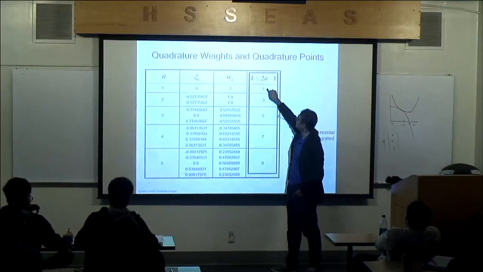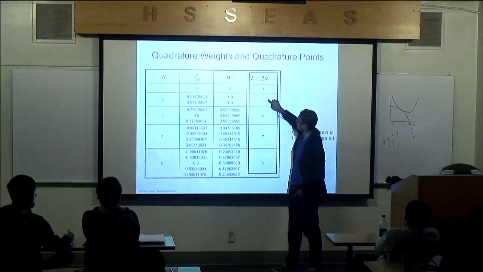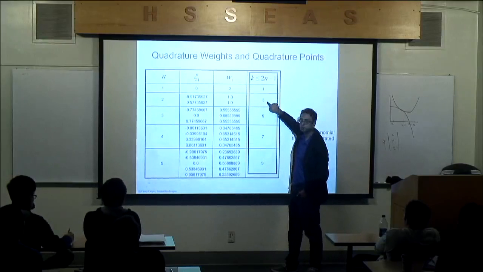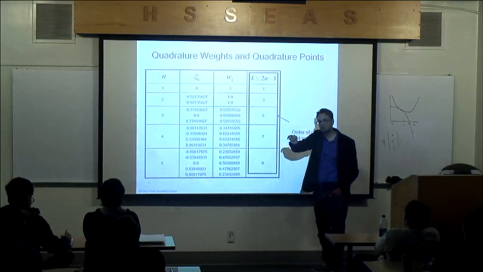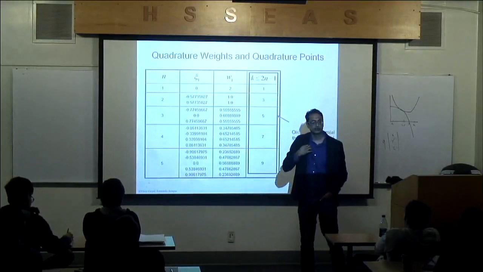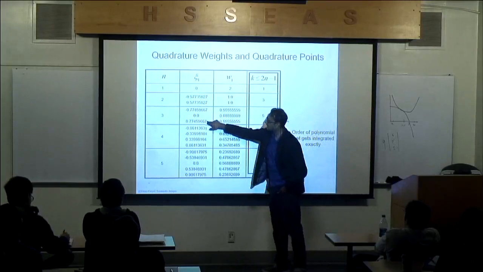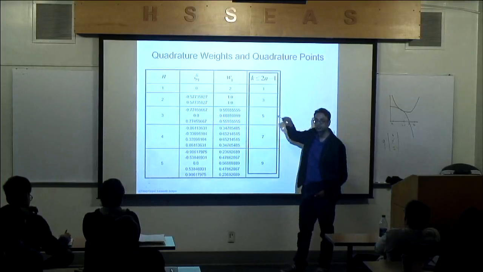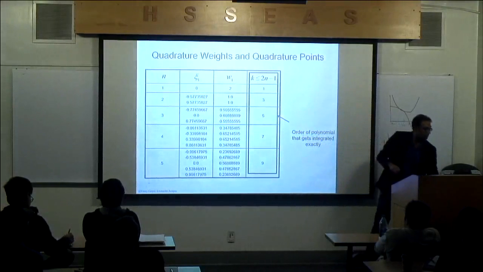So if I have a linear polynomial, it will integrate that exactly. If I have a cubic polynomial with 2 sampling points, I get the exact value of that integral. Isn't that amazing? Okay. With 3 points, I get up to a quintic polynomial integrated exactly. It's a very powerful method.